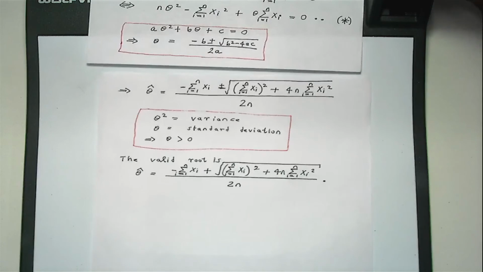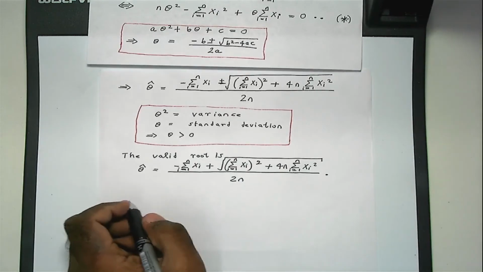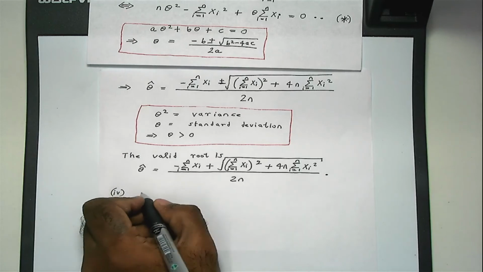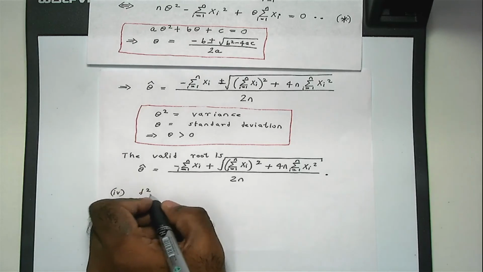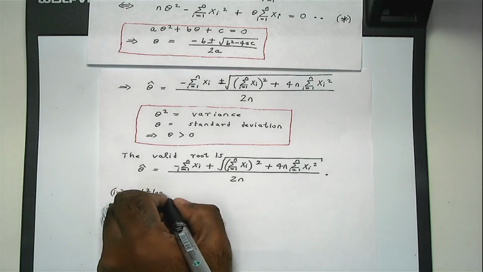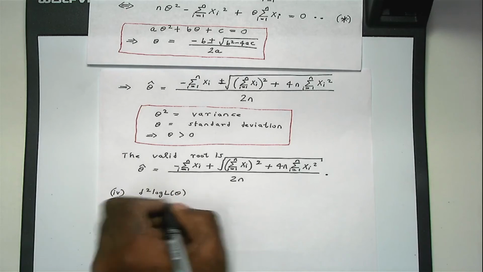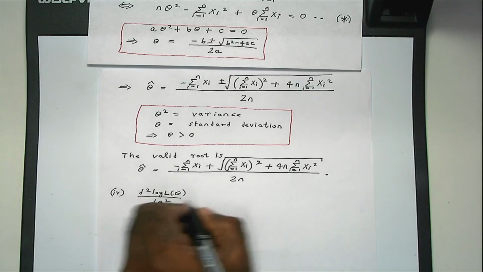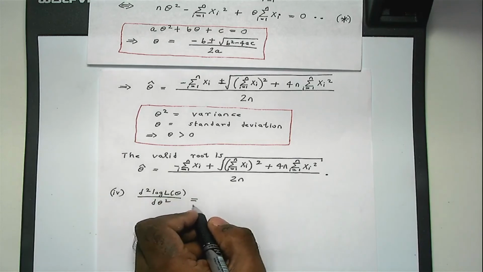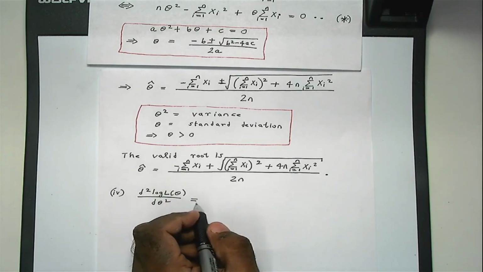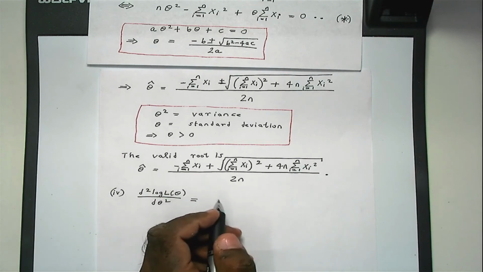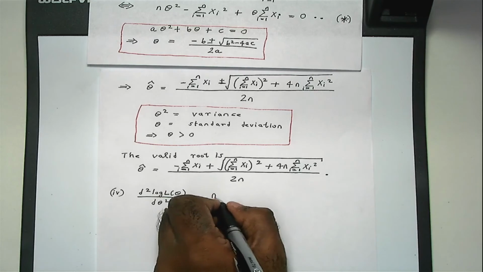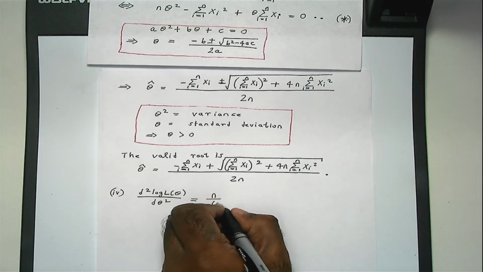Okay, step 4. This is going to be the first order derivative of the first derivative. So it's going to be the following.